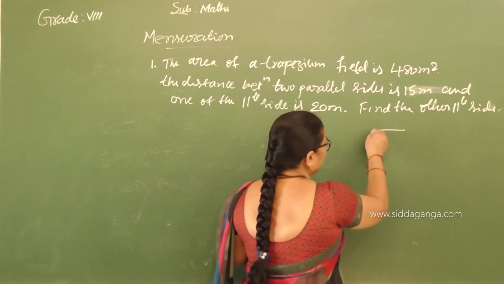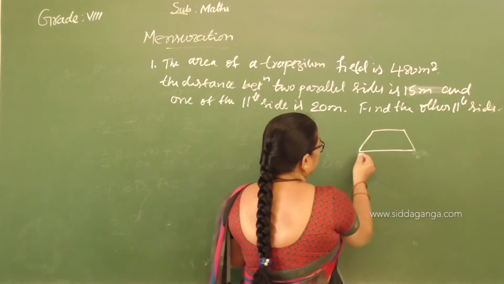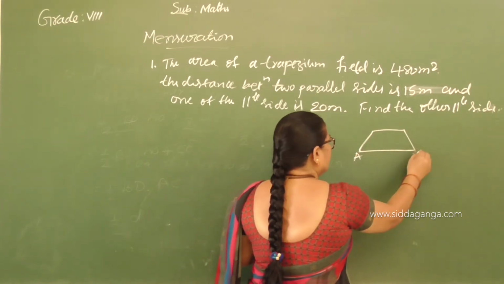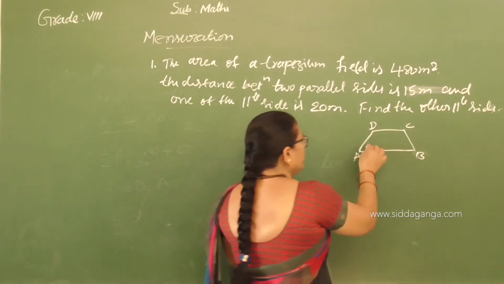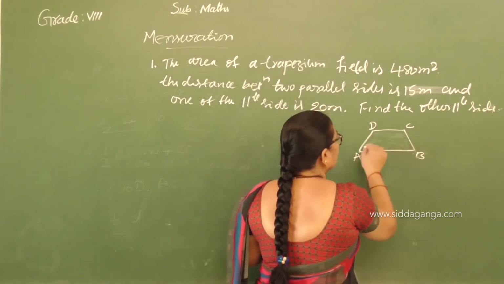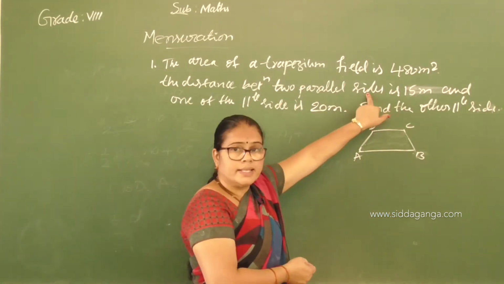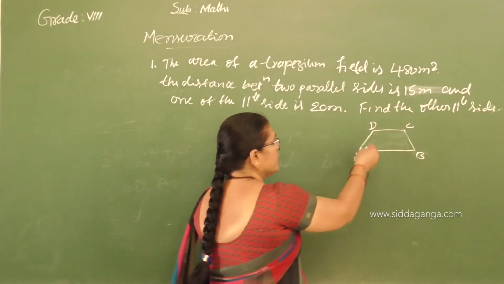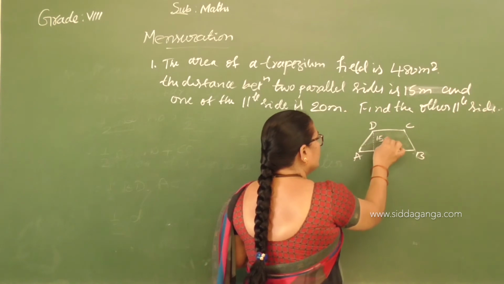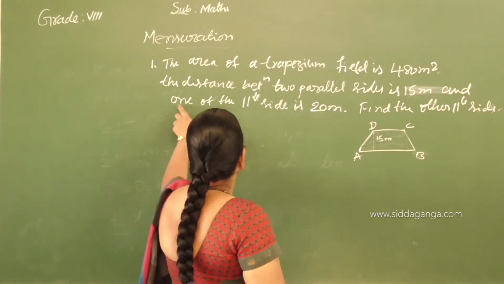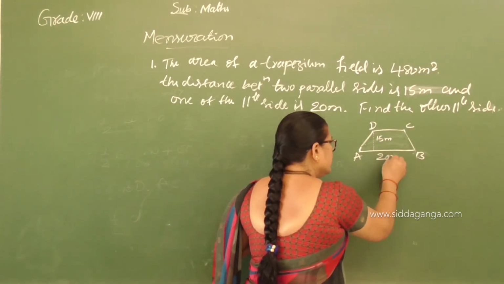I can draw the figure. This is a trapezium. Here ABCD is a trapezium. Here the whole area is given. Area of the trapezium is given and the distance between the two parallel sides, that means the altitude, is given, which is 15 meter. And one parallel side is given.